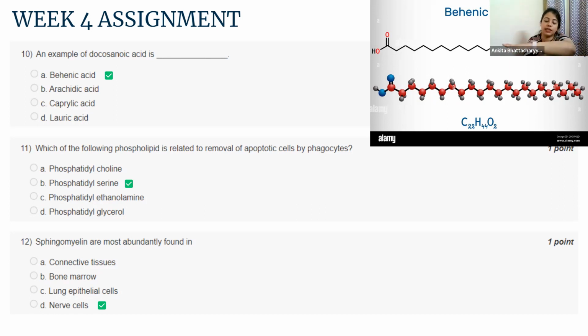If you consider this to be the length, this is the myelin sheath, again myelin sheath, again myelin sheath. So there are areas where it is discontinuous, and that is how the signal jumps and travels along the length, thereby making it a much quicker process. So we are seeing that sphingomyelin is most abundantly found in nerve cells, and it has a huge role to play in nerve conduction as well.